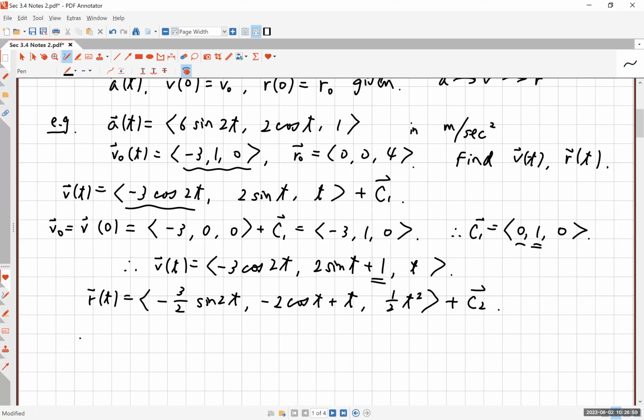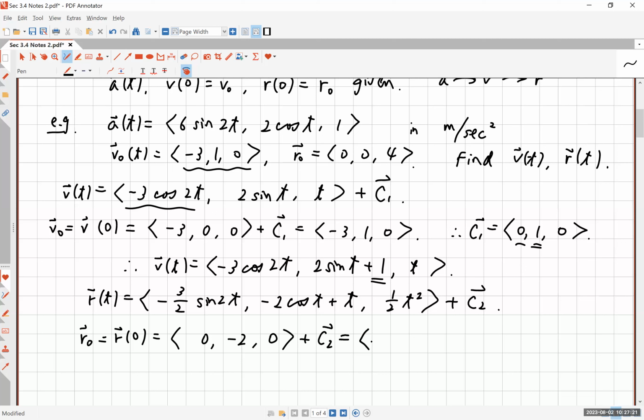Now let's plug in our initial position, R naught, which is R at 0, because that's the initial position. And so when you plug in 0 for t, you get 0, negative 2, and 0, plus C2.